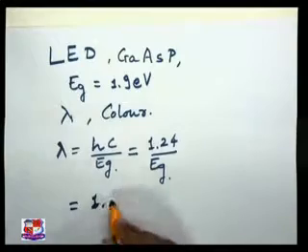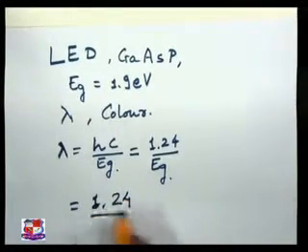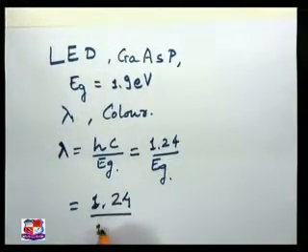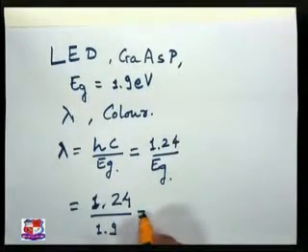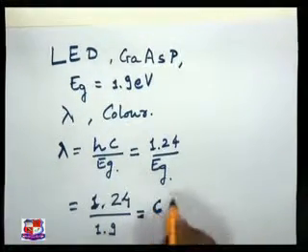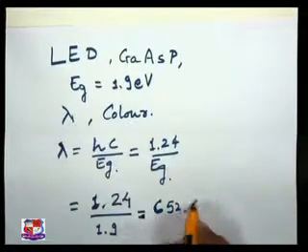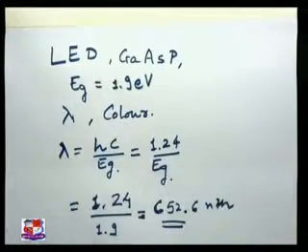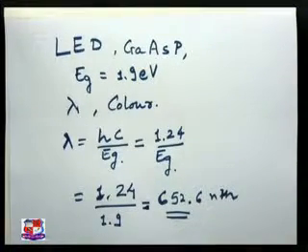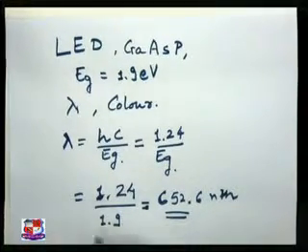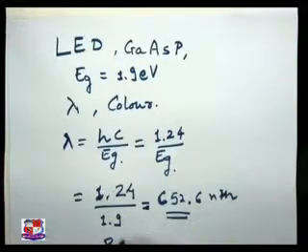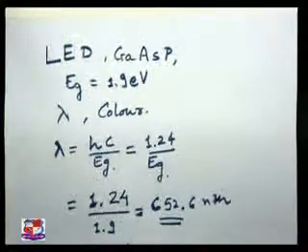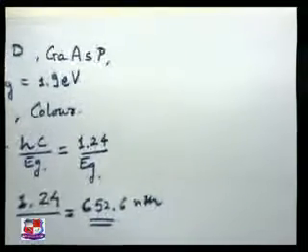It can be found using 1.24 divided by 1.9, and that is 652.6 nanometer. And can you guess which color this wavelength signifies? It signifies that the color should be red. It should be a red LED, right. Using these simple equations we can solve a number of examples.